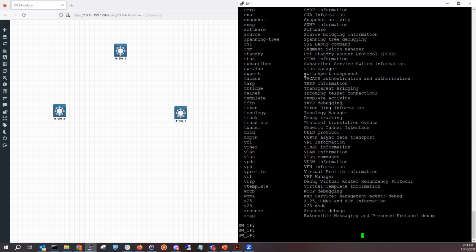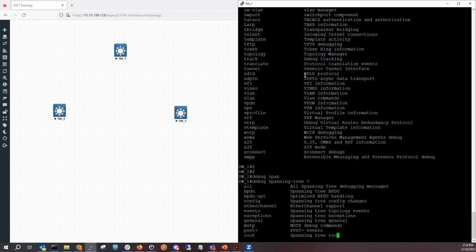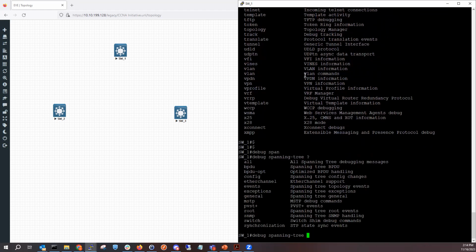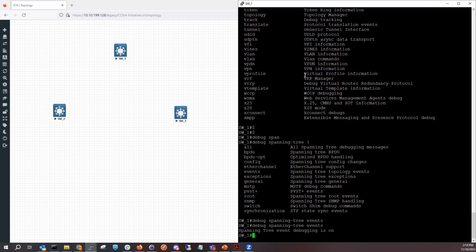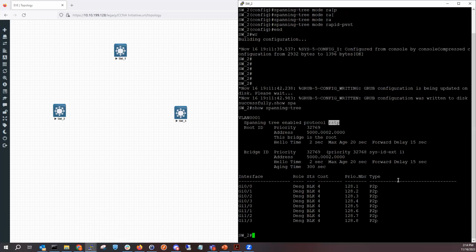Debug spanning tree, and we're just looking for events, so we're just going to do events. We're going to do the same thing on the other switches. All right, let's clear it up.